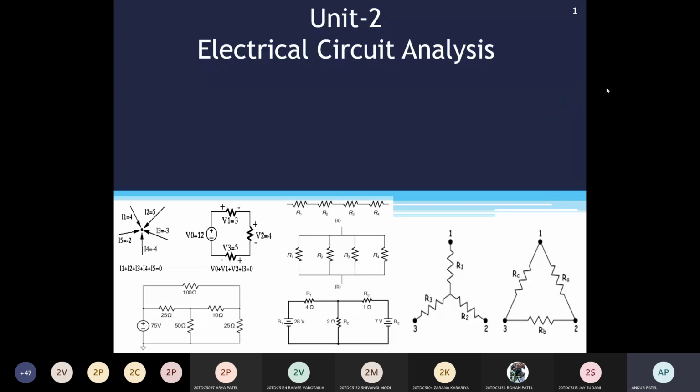So what will happen? The supply voltage is divided across each. Yes, the supply voltage is just 230 volt. So 3 into 230 becomes 690 volt. So that is not applicable. Series connection is not applicable for domestic and power wiring connections.